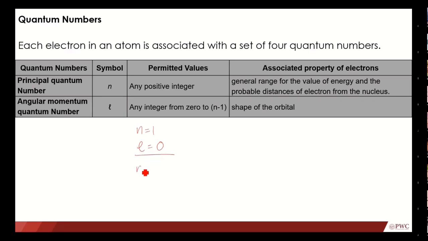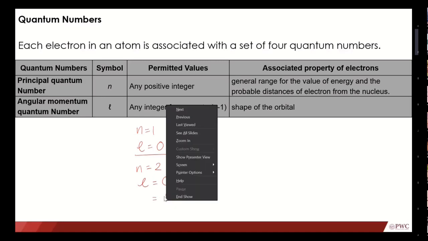Let's go to n is equal to 2. So this is the second energy level. If n is equal to 2, what are the allowed values for l? Again, it starts from 0, so 0 and then. Is there any other allowed value? 0 and 1.